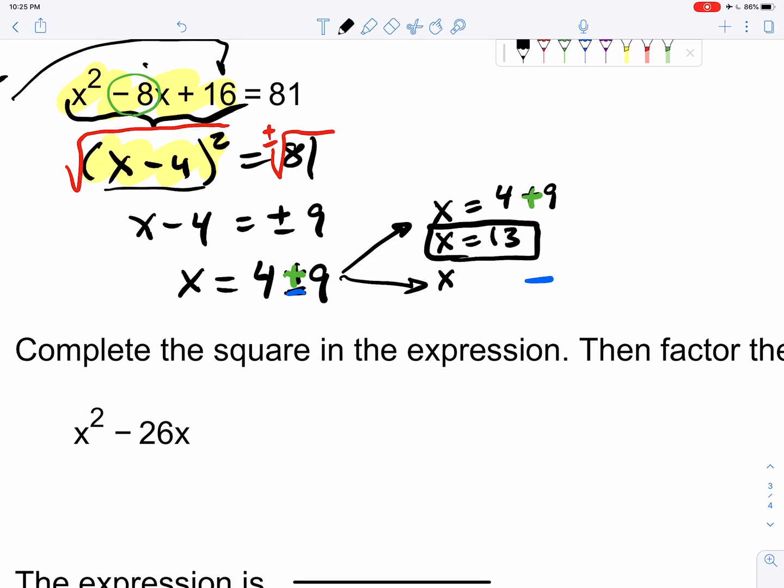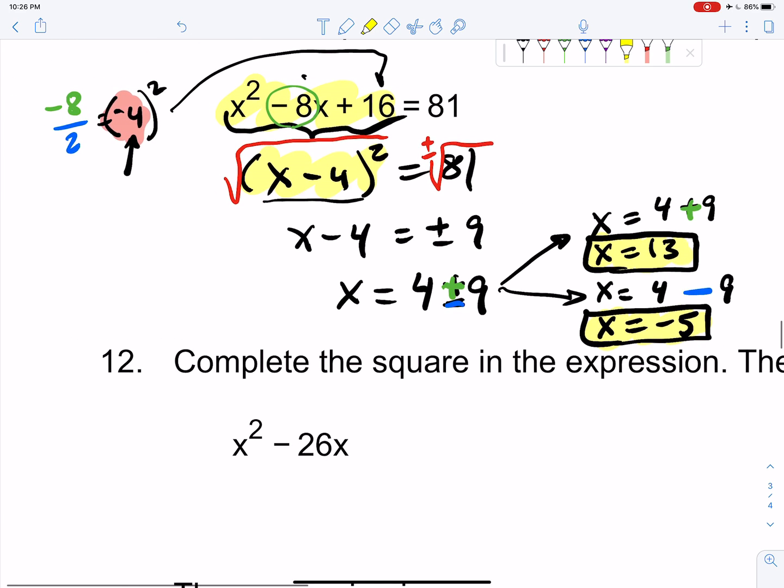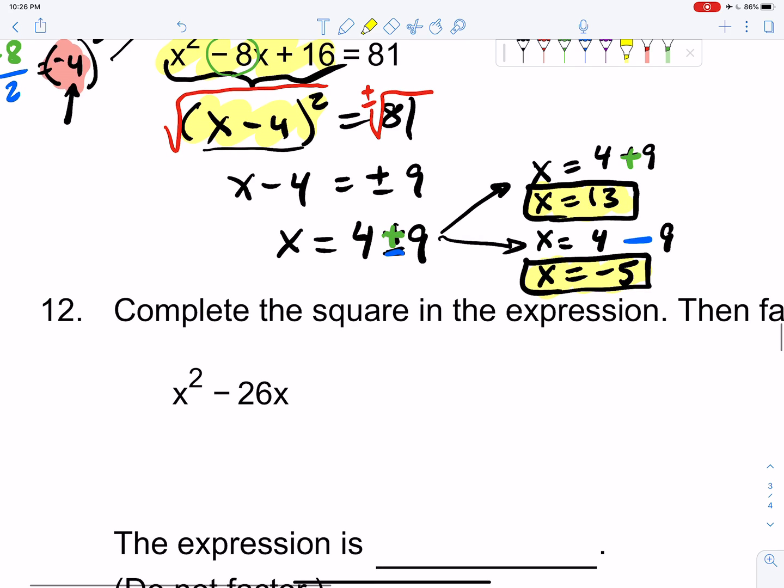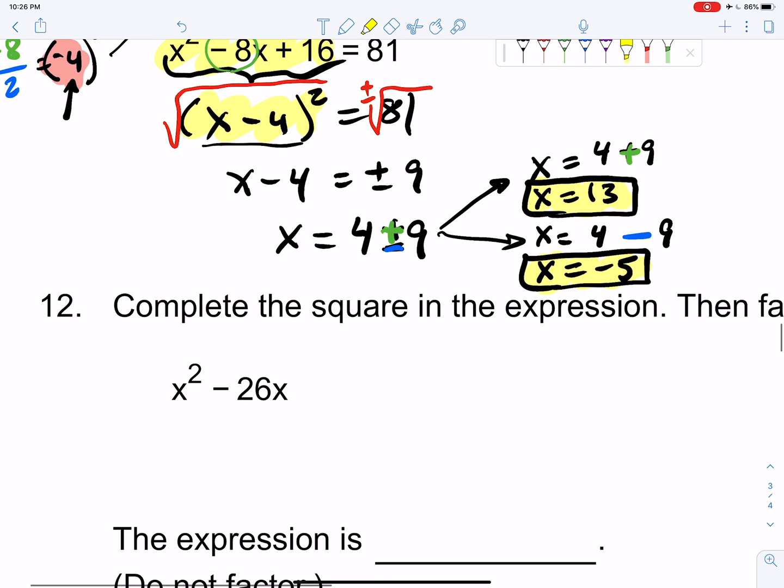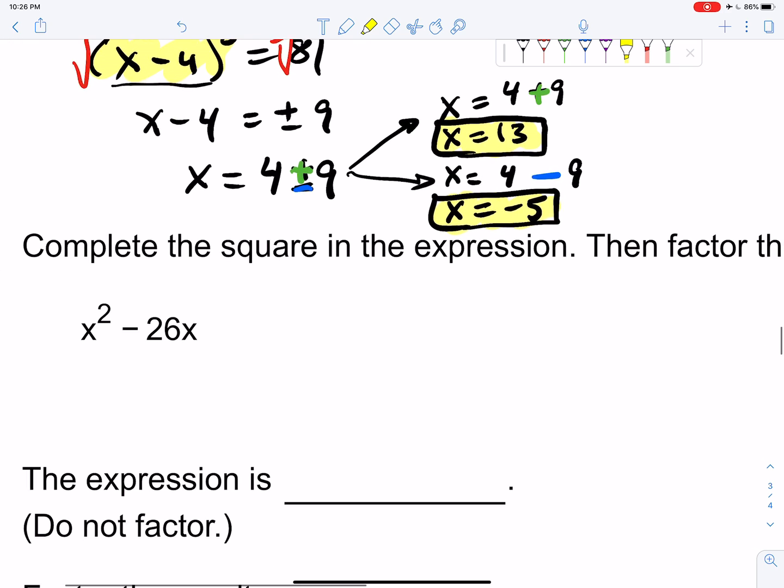So it's going to be x equals 4 minus 9, and 4 minus 9 gives us a negative 5. So you can see we get two answers here. Okay, and that was for number 11. So we end up getting x equals 13 or x equals negative 5.